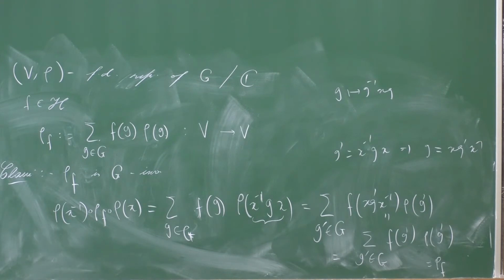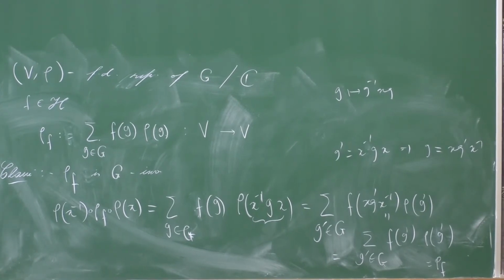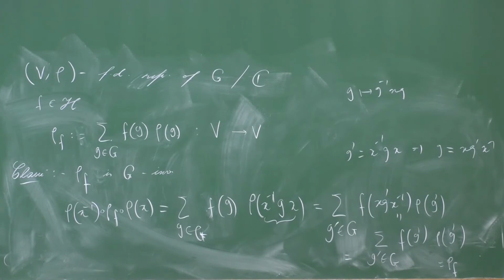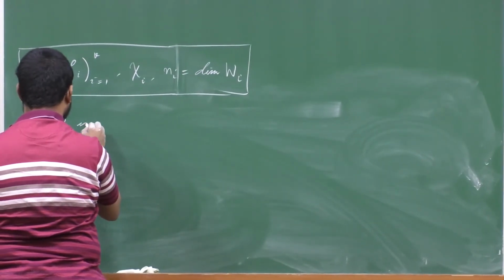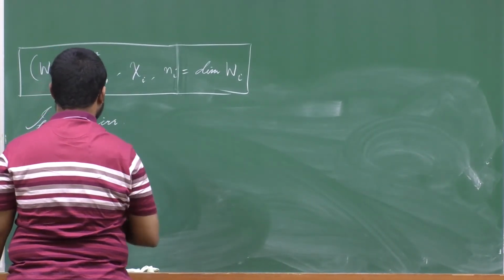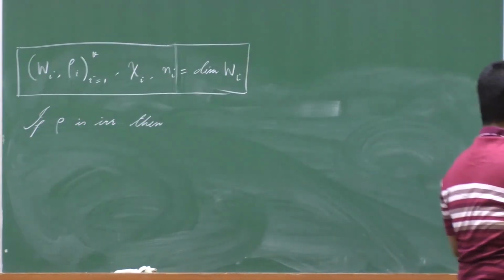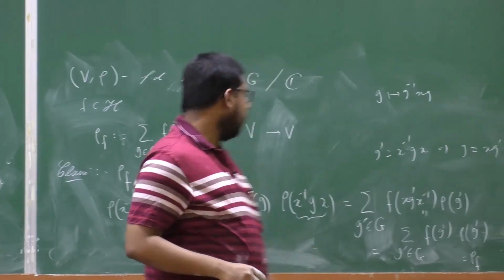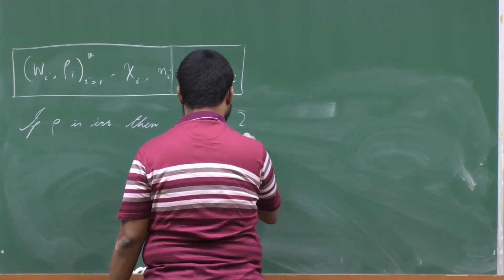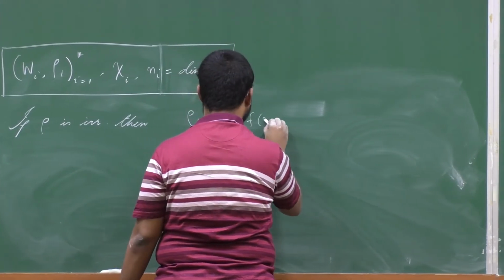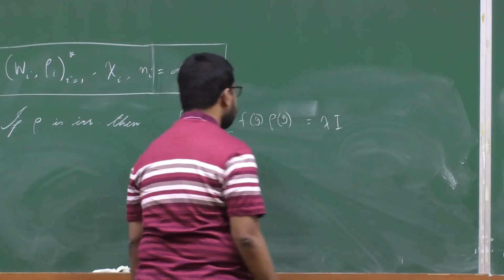Now, furthermore, if we assume rho is irreducible, then by Schur's lemma, this rho_f has to be some constant multiple of the identity.